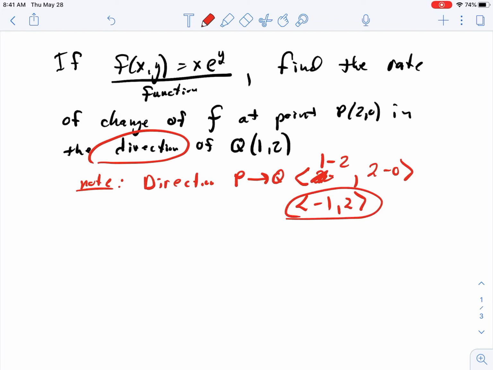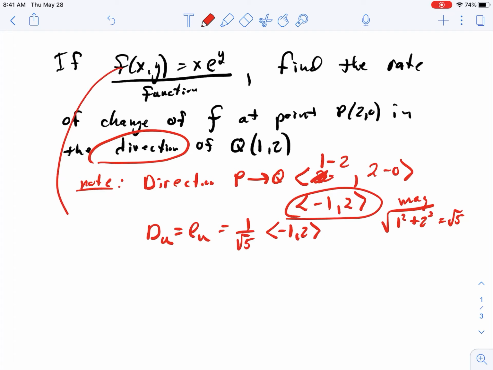Okay, now that's just the slope, but remember du is a unit vector. So therefore, you have to divide by the magnitude, which is the square root of 1 squared plus 2 squared, so root 5. So it'd be 1 over root 5 times negative 1, 2. There's my directional derivative.